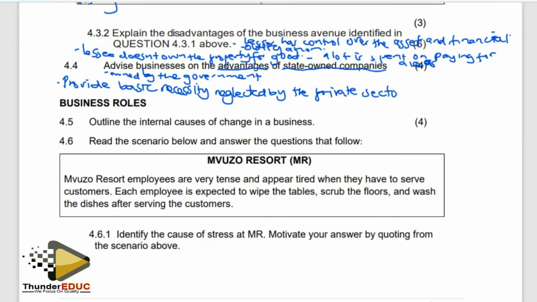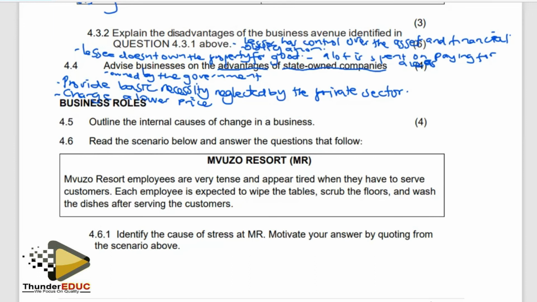State-owned companies produce goods at lower prices, or supply goods at a lower price, because their intention is to improve the standards of living of people.